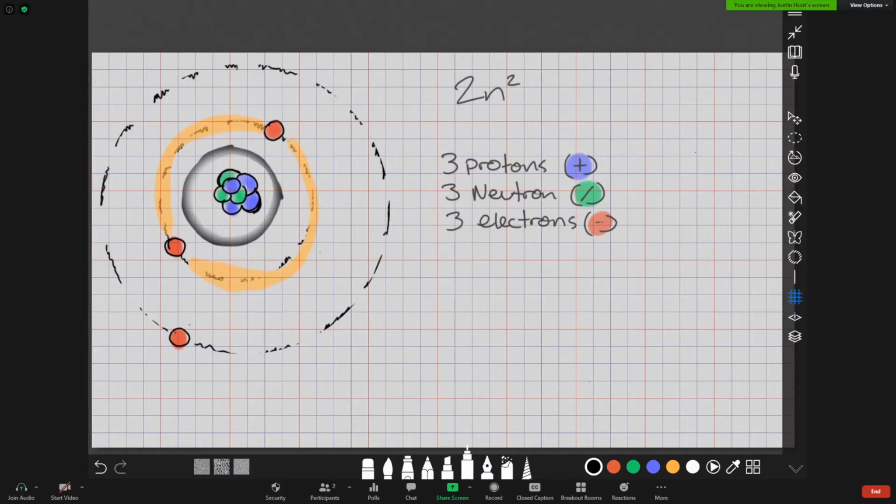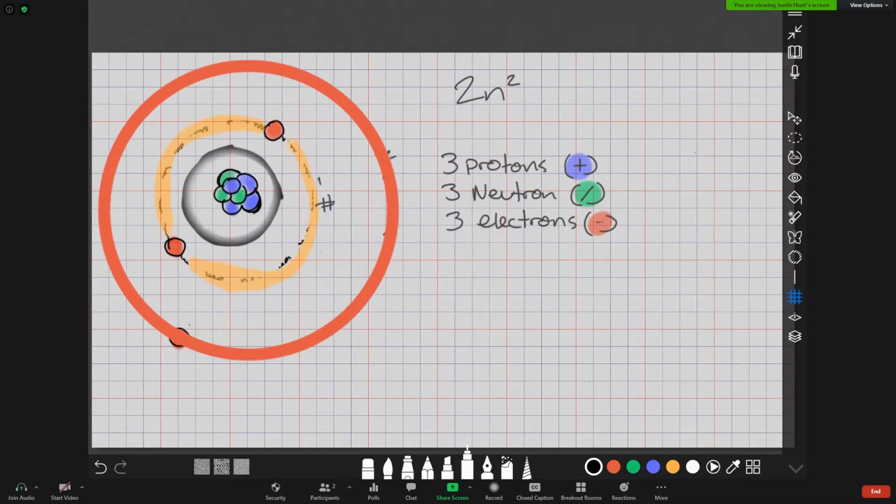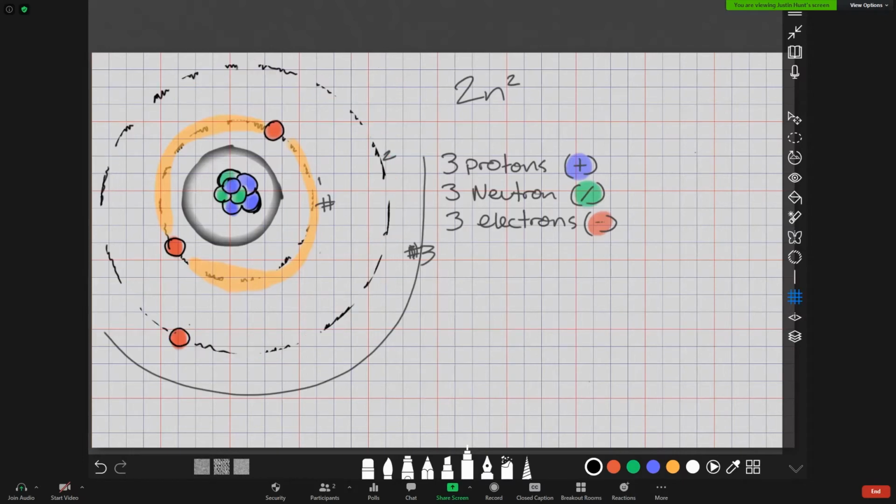That's because of this 2n squared rule, where n is the number of the given shell. This would be the first shell, this would be the second shell, and if we had even more accumulation of electrons, we would put that here in the third shell. How we identify how many electrons can occupy a given shell is by using this mathematical formula.